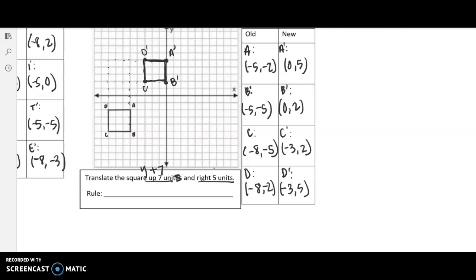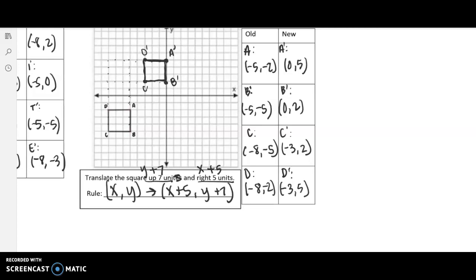And then we went to the right, which affects our x, and that's the positive direction, and we went 5. So when we write our rule, we have our old points, x, y, changes to, and if you look, this is out of order. Our x always comes first. So we have x plus 5, y plus 7, and let's check our points.